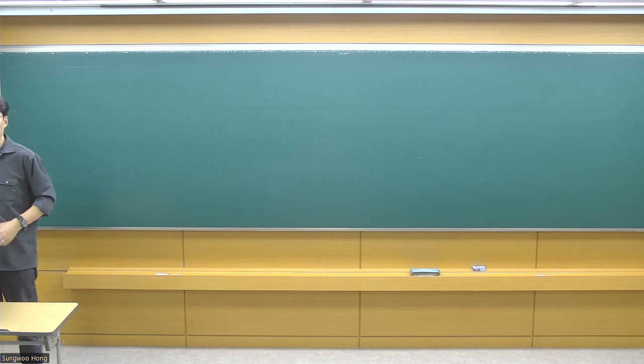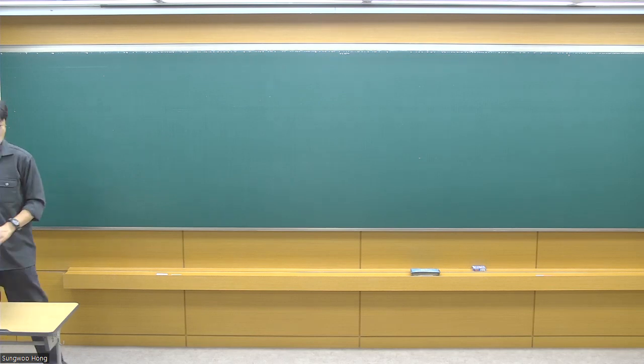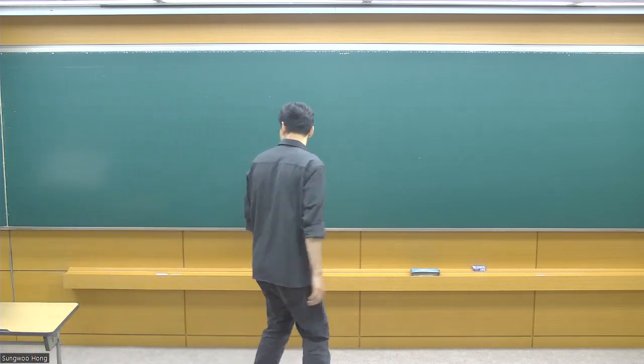So today we will discuss, I think I started talking a little bit about the crossing last time, but I didn't quite finish it. So I will finish the crossing and then CPT symmetry or CPT invariance, and then we'll start constructing differential transition probability.